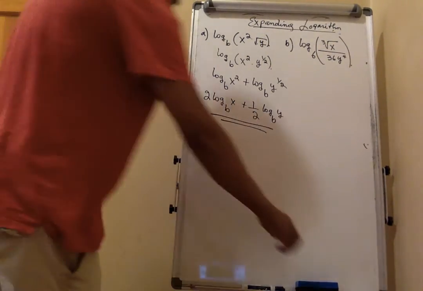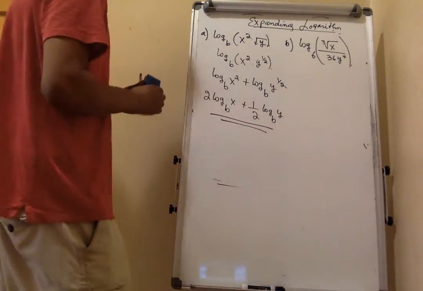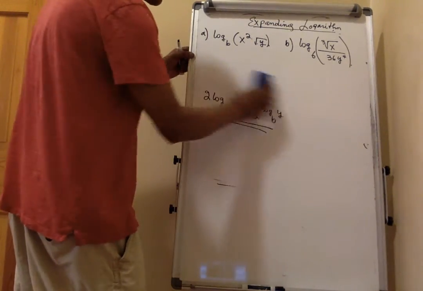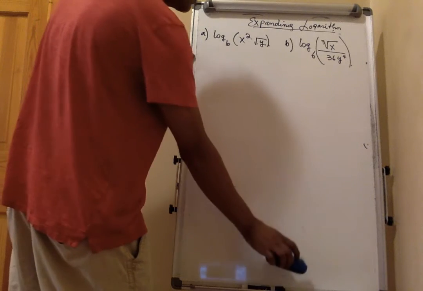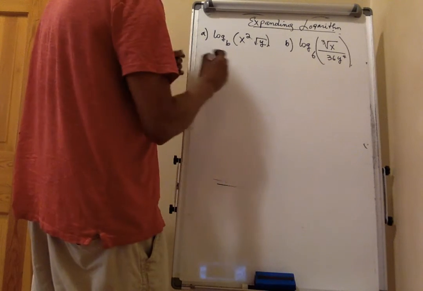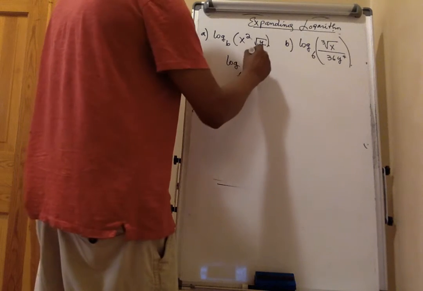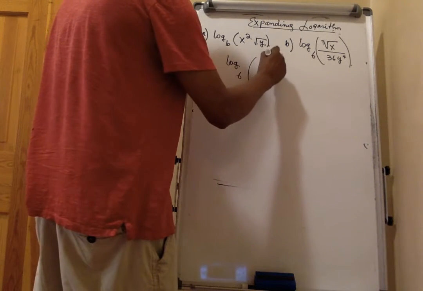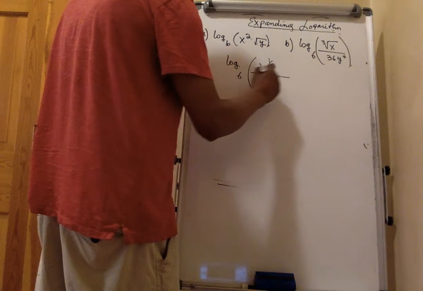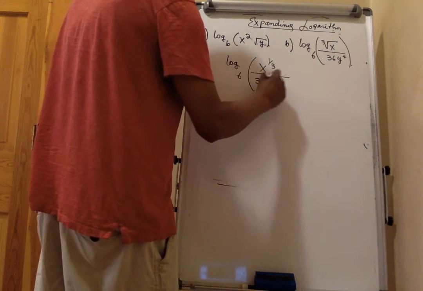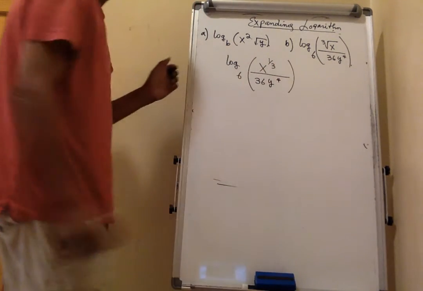Now let's do the second one. The second one is also quite interesting. But first, for the second one, again, let's do something before. So this would be log base 6 of x to the power of 1 over 3 over 36 y to the 4th.